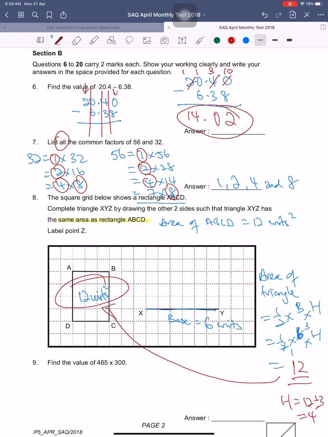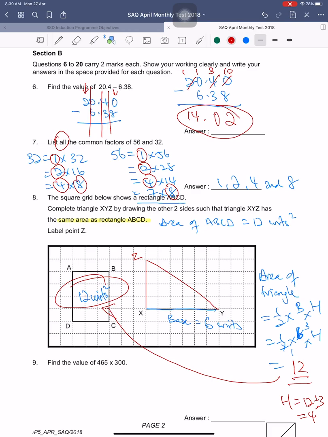So the height has to be 4. So let's count from here, 1, 2, 3, 4. So that will be my Z. After that I will join this with this.